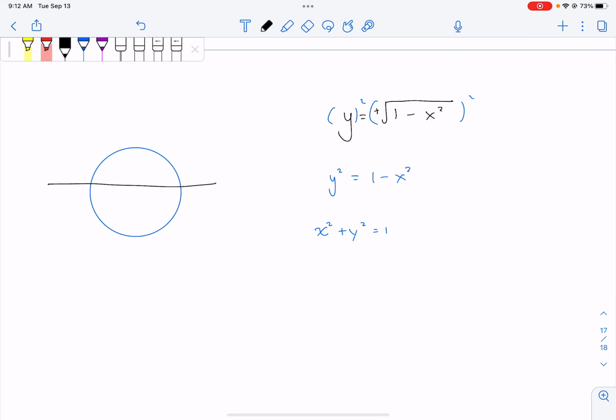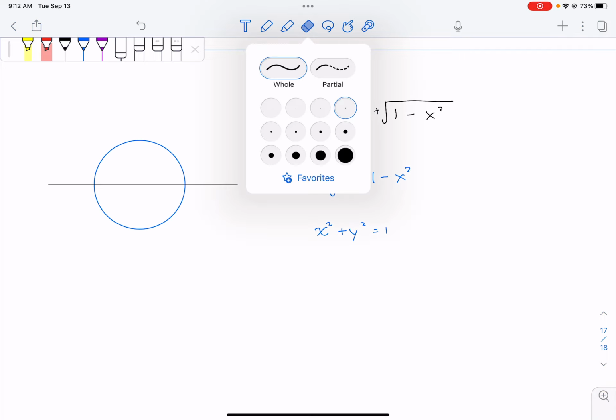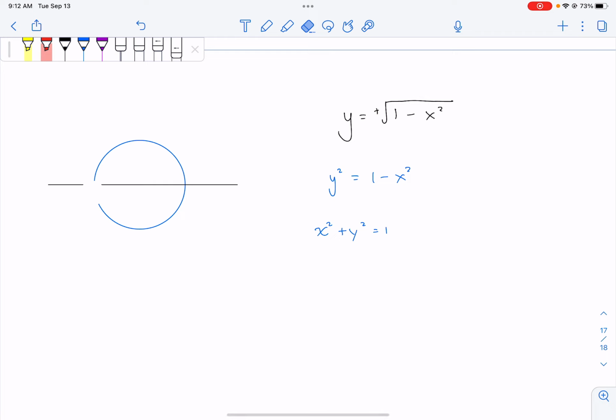But we can't draw the entire circle because, like I said, we are only focused on that positive half. So instead of drawing the full circle, I'm going to just draw the positive half of that circle, like this, from 1 to negative 1.